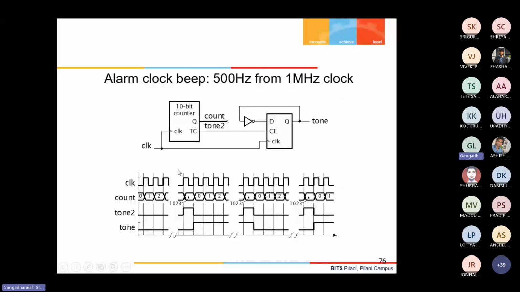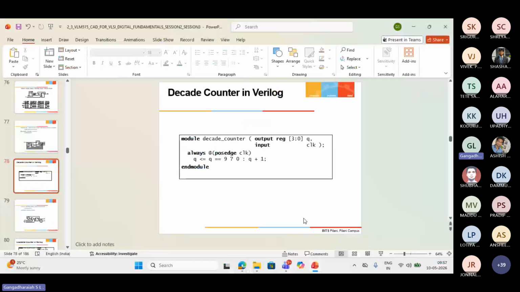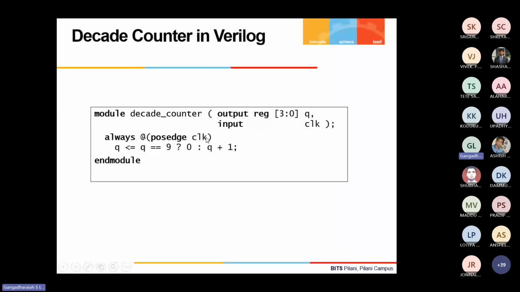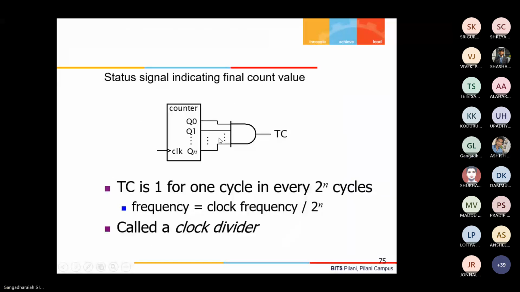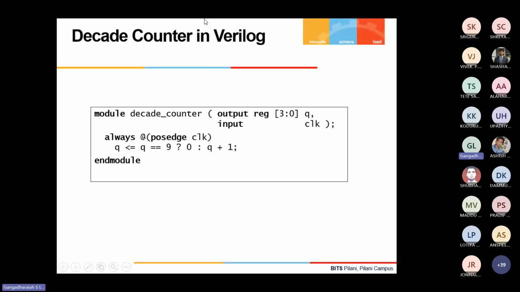Now let's say how do you write a Verilog code for a decade counter? A module decade counter has output reg Q and input clock. Very simple. You don't have reset here, but you will have to add reset as well.